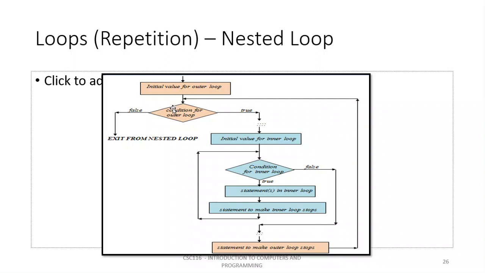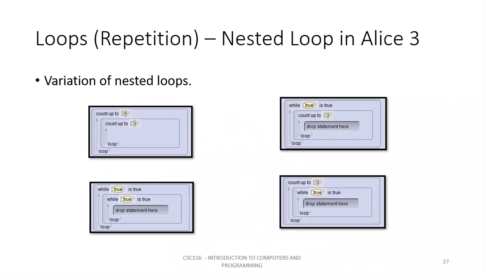Kalau condition di outer loop tu dah false, barulah kita exit from both of the loop. So these are the variations of nested loop. Sama ada count di dalam count, while di dalam while, ataupun count di dalam while di dalam count.